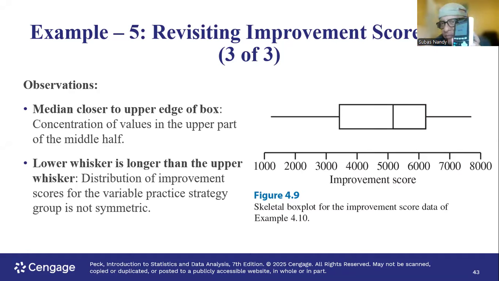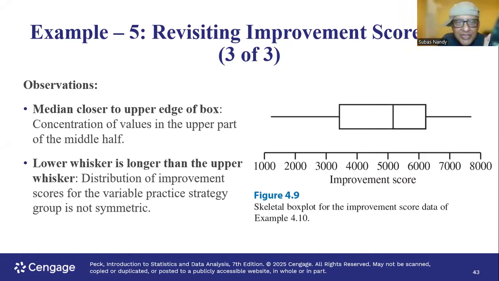What are these? Minimum, Q1, Q2 in the center of the box, Q3 the right boundary of the box, and maximum on the right. How do I see this on my calculator screen? I press the zoom button, the third key on the top row of keys, Zoom, and then 9. And I will see the same box plot that you see on the computer screen, on the PowerPoint slide.